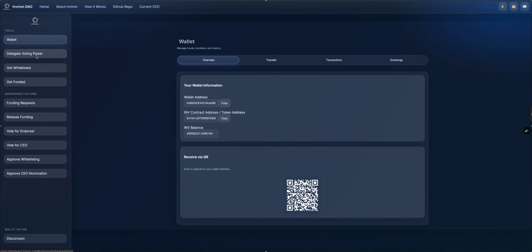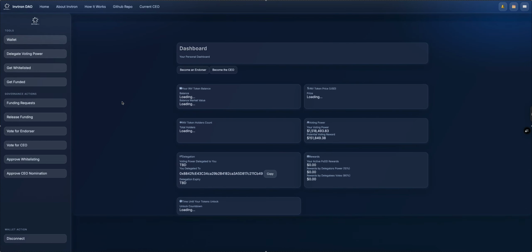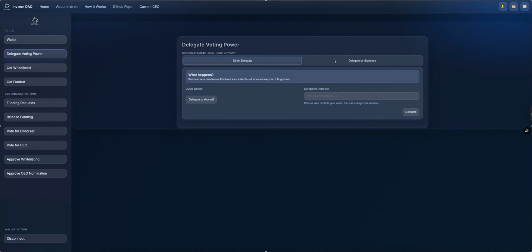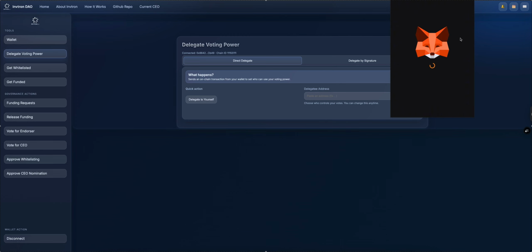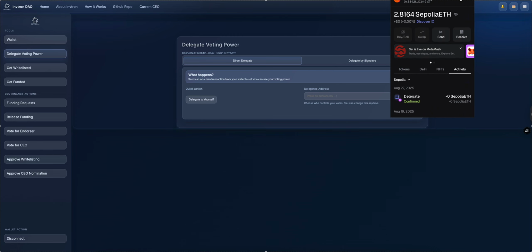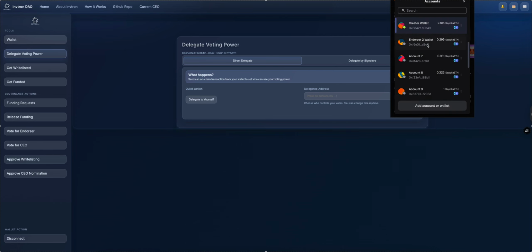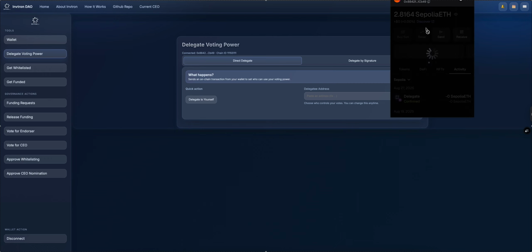So now I have the voting power to myself, which, as you can see, you delegate to yourself. And you can also delegate to other people by clicking here. For example, let's delegate to someone else. Let's delegate to this account.